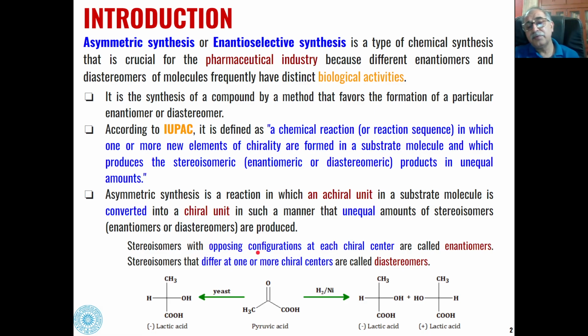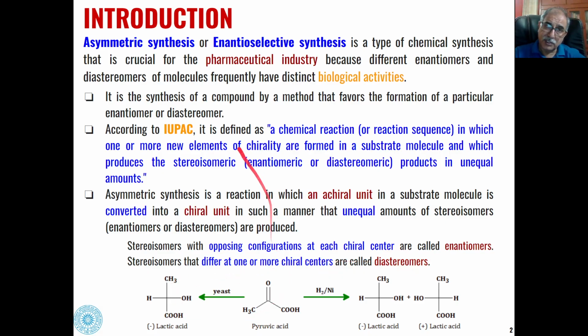If the stereoisomers have opposing configurations at each chiral center, then these are called enantiomers, and if they differ at one or more chiral centers, then these are called diastereomers.